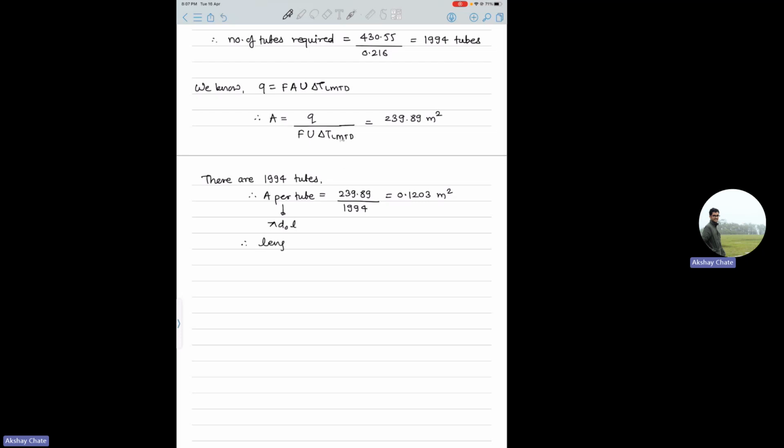Therefore, the length per tube, which is L, will be 0.1203 divided by pi into 19 mm, right? So you have to divide by this.